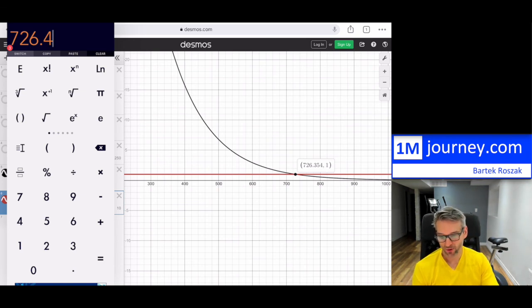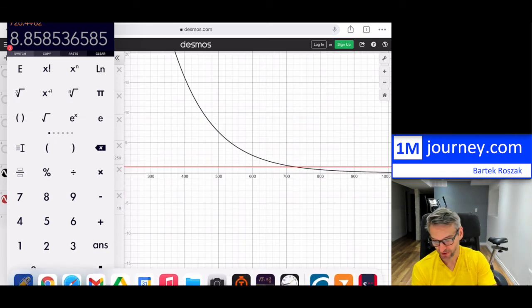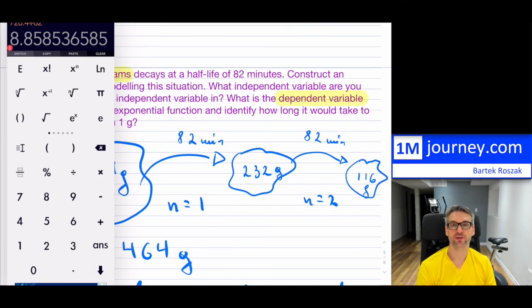And now I know that each period is 82 minutes. So if I divide it by 82, it's approximately 8.9 periods, or almost 9 periods, for this to go under 1 gram. So that's an application that you have of half-lives.